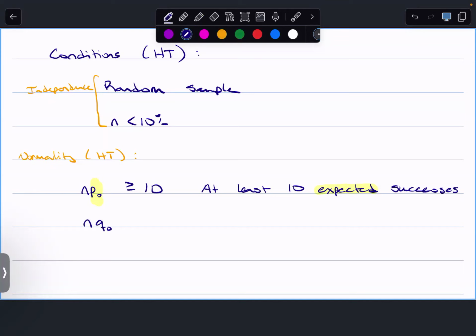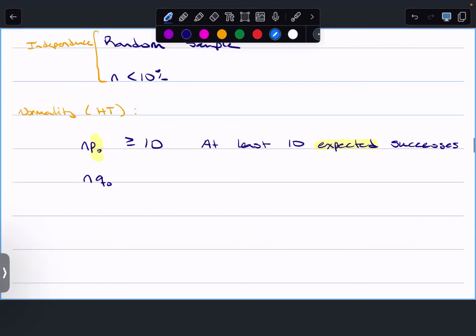N times q naught, where q naught is 1 minus p naught, of course, also has to be greater than or equal to 10, which means I need at least 10 expected failures.